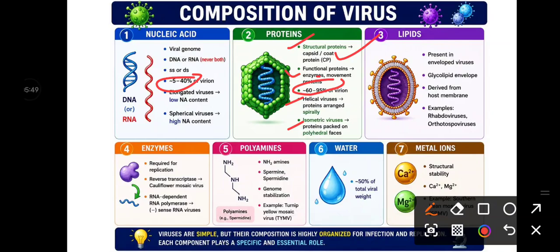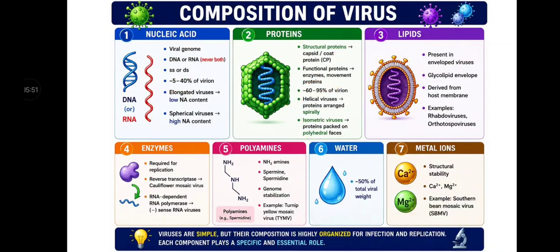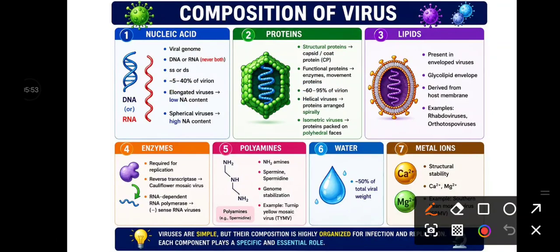Then another major constituent of the plant virus is lipid. Lipid is not present in all viruses. Only a few viruses contain lipid. Where is it present? It is present in the envelope. So the virus has nucleic acid, then the capsid, and around the capsid some viruses contain an envelope.